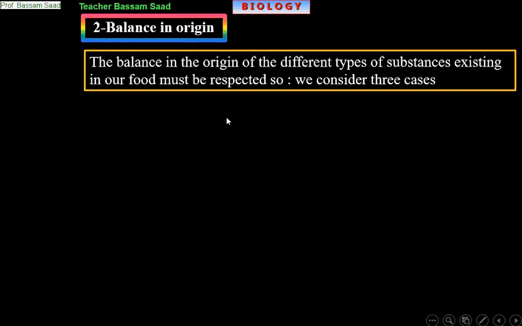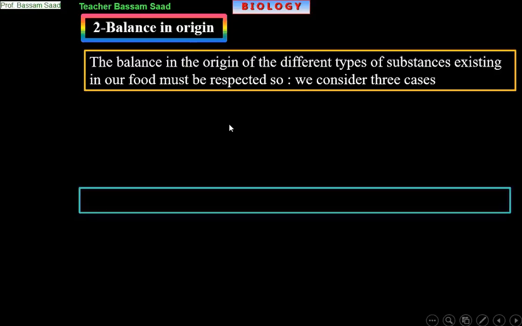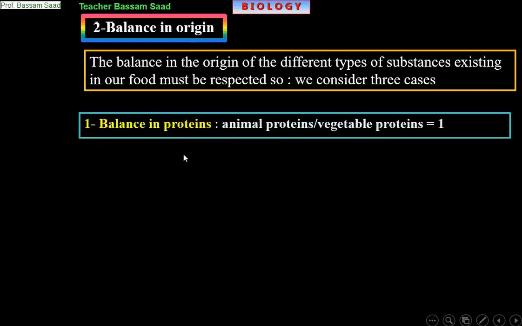Look to the three cases. The first case, for proteins. Balance on proteins. Animal proteins over vegetable proteins equals 1. What is the meaning of this?